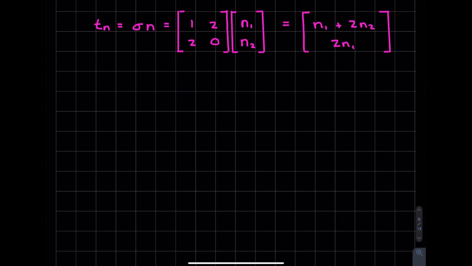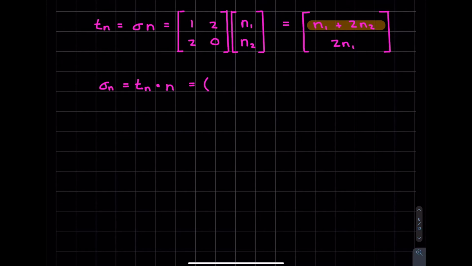Okay, how exactly did I find my normal stress? Remember that the normal stress, sigma n, is equal to my traction vector, Tn, dotted with n. Those are going to be the first components multiplied by each other. So my first component of Tn is n1 plus 2n2, oops, I already made a mistake.